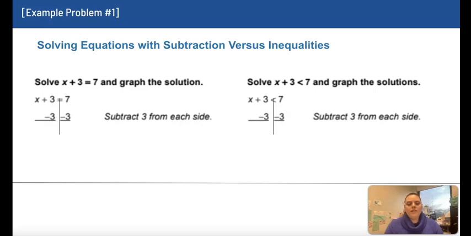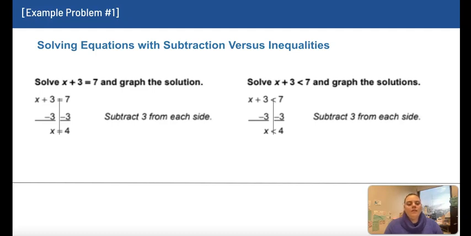So we will subtract 3 on each side. That will leave us with x equals 4 or x is less than 4 in the inequality. So you can see again, we are still using the exact same method. The only thing that is different is the symbol that is being used, an equal sign or an inequality symbol.